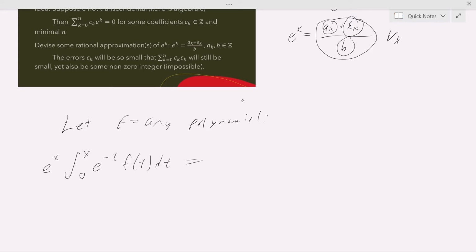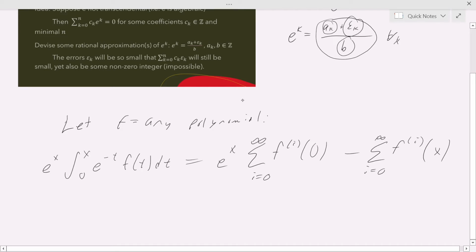But anyways, this equals e to the power x times the infinite sum from i equals 0 to infinity of the ith derivative of f evaluated at 0, minus the infinite sum from i equals 0 to infinity of the ith derivative of f evaluated at x, where again x is just the variable upper bound on the integral.